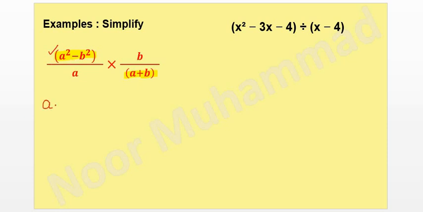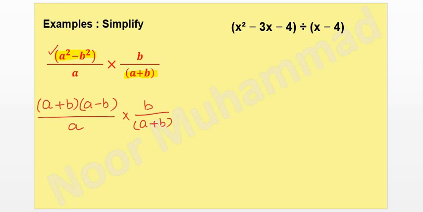So it can be factorized as (a plus b) times (a minus b), whole divided by a times b over a plus b. Now clearly we can see that this factor a plus b can be cancelled with this factor a plus b. So finally we were able to simplify the fractions. The final answer will become b times (a minus b), divided by a only. So this is our answer.